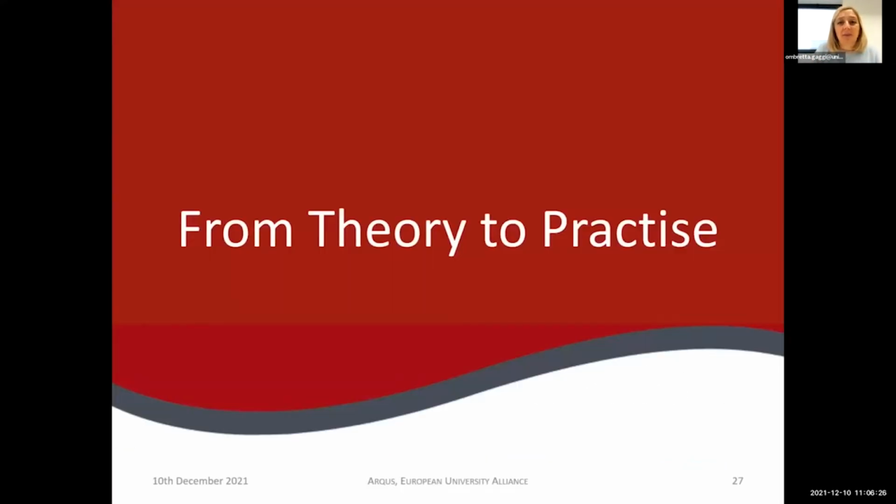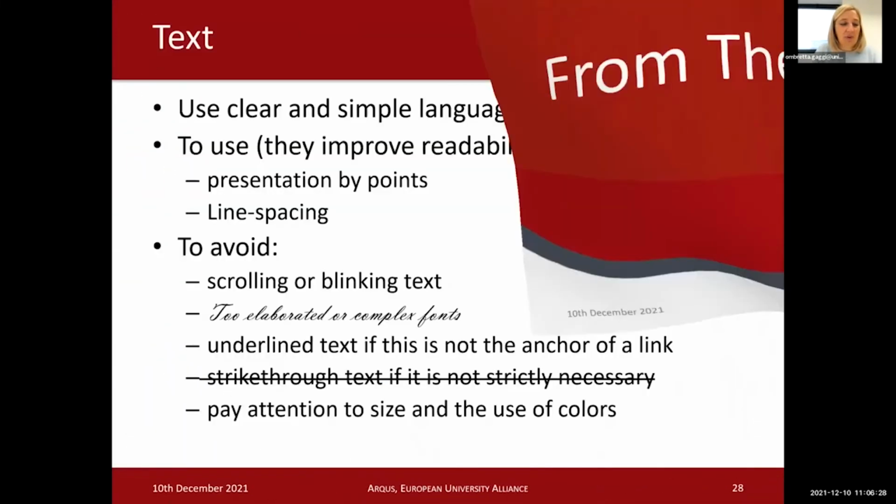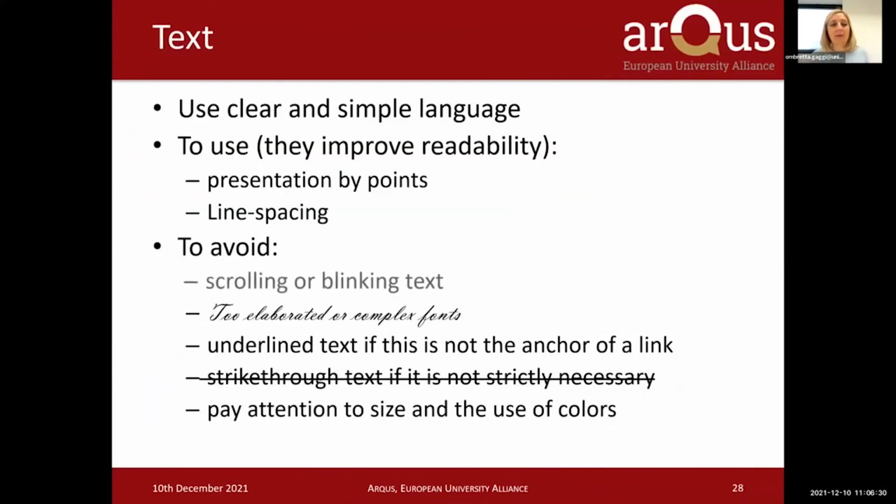Okay, so now I show you what the guidelines about accessibility are, and we can see a set of hints on what is better to do and what we don't have to do if we want to help people with disability. For example, as regards the text, we have to use clear and simple language. To improve readability, we need to present a point by list item, okay?